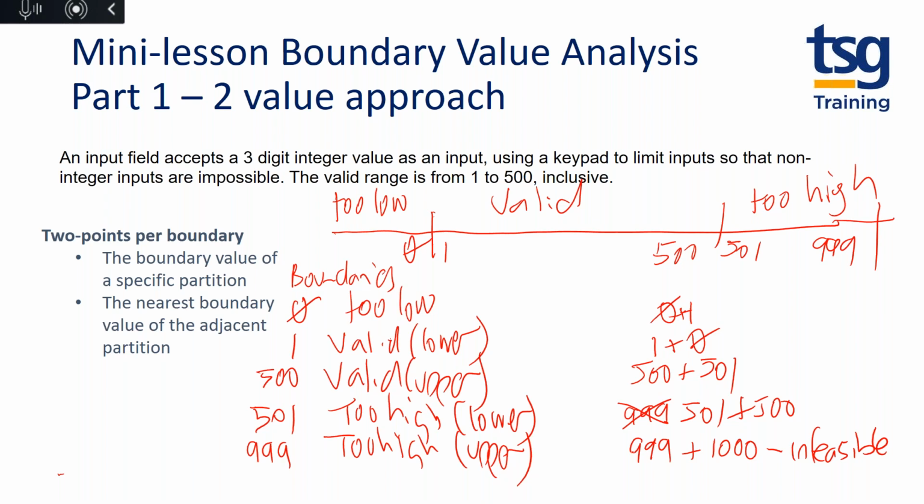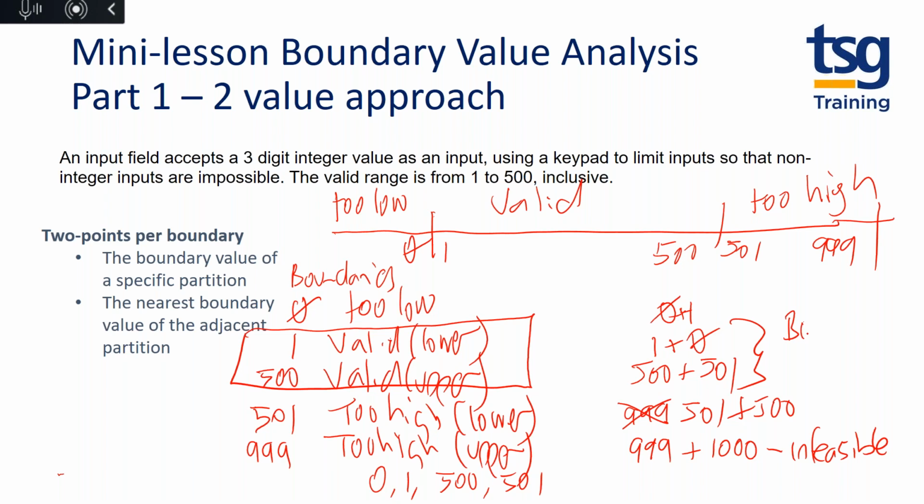So that's probably a test I wouldn't do unless I'm doing negative testing. I'm looking for defects. What we have is a set of tests and some duplication. If I'm interested in testing the boundaries of the valid partition, that's 1 and 500, I would end up testing 0, 1, 500, and 501.